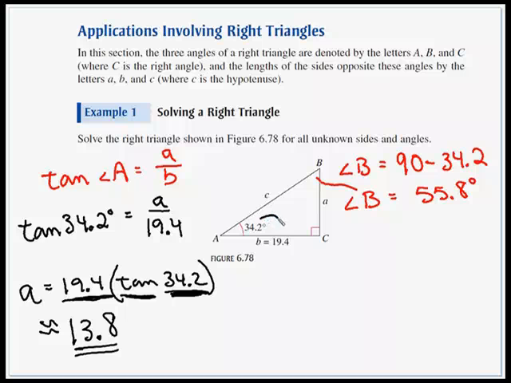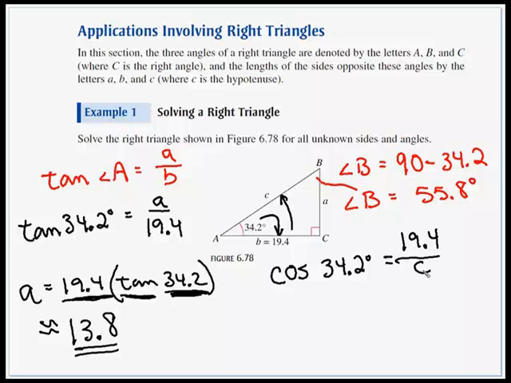We know the adjacent side, and we want to find the hypotenuse. So what trig function deals with adjacent and hypotenuse? That's cosine. The cosine of the 34.2 degrees is equal to adjacent, 19.4, divided by the hypotenuse c.